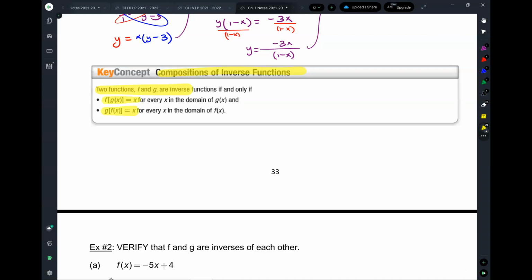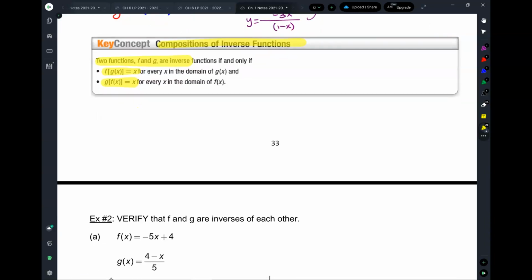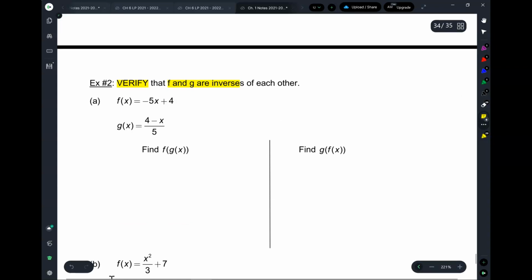That sounds like a lot of gibberish, but here is what practically you need to do. Whenever you see the words verify that f and g are inverses, this is what you have to do. You want to split the work area into 2.